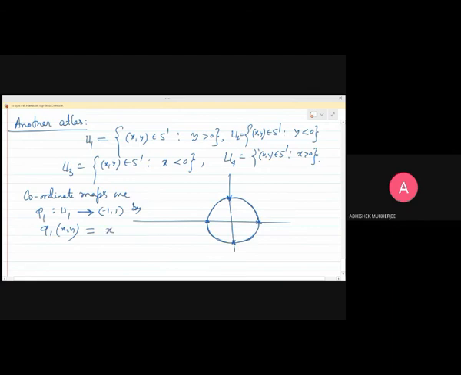In a similar way, phi 2 of (x,y) is x, phi 3 of (x,y) is y, and phi 4 of (x,y) is y.